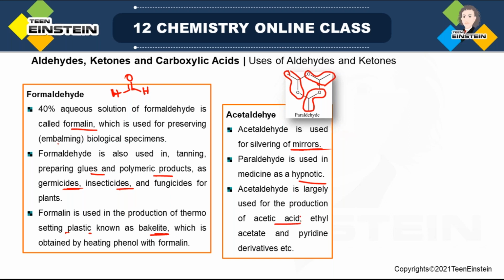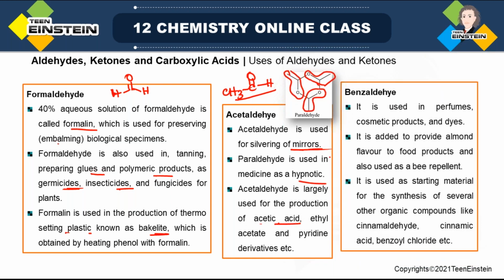Acetaldehyde is CH3CHO. If you oxidize it, it will be converted to acetic acid. So for acetic acid production, which also has some other applications, for this important molecule synthesis, you can use acetaldehyde. Then ethyl acetate, which is an ester, some pyridine derivatives, etc. All these molecules can be produced from acetaldehyde.